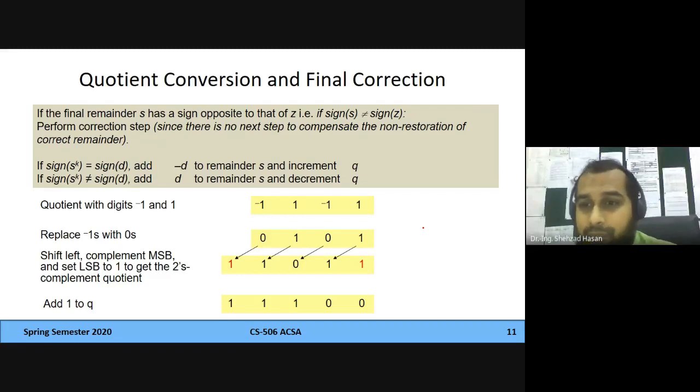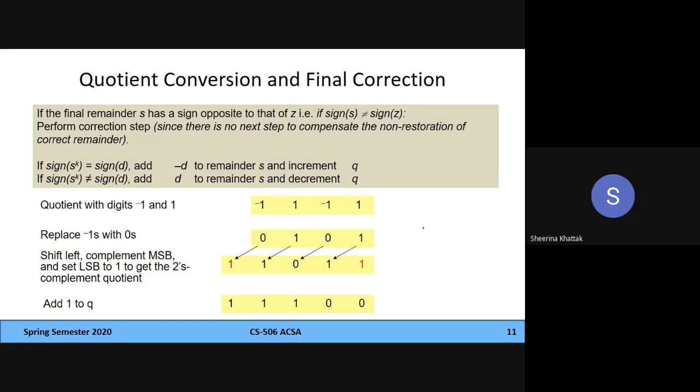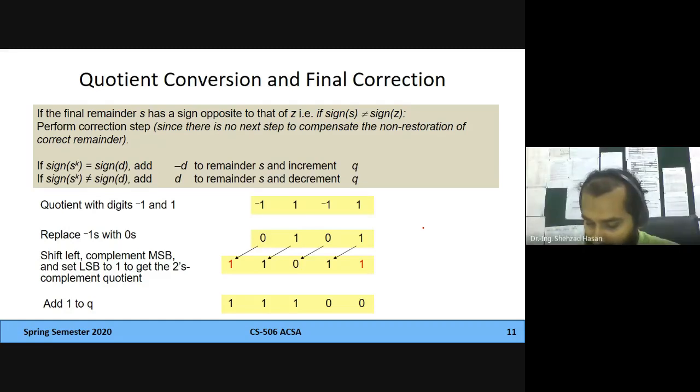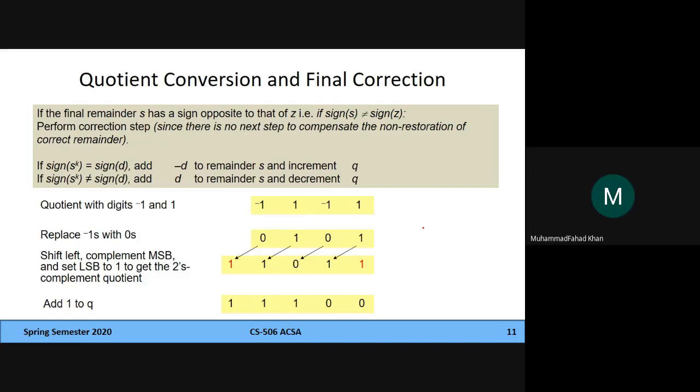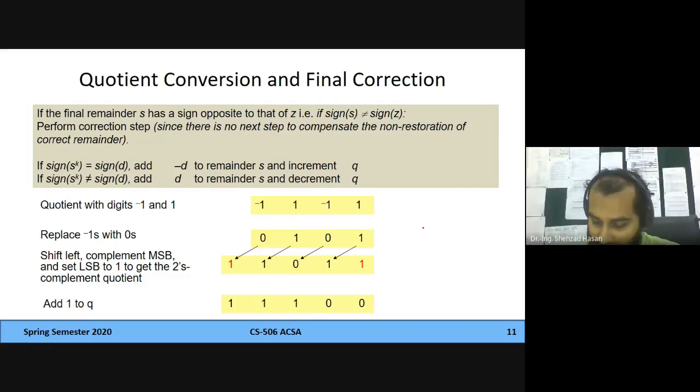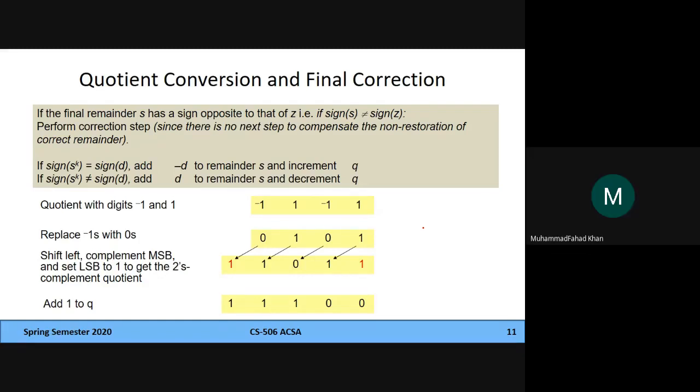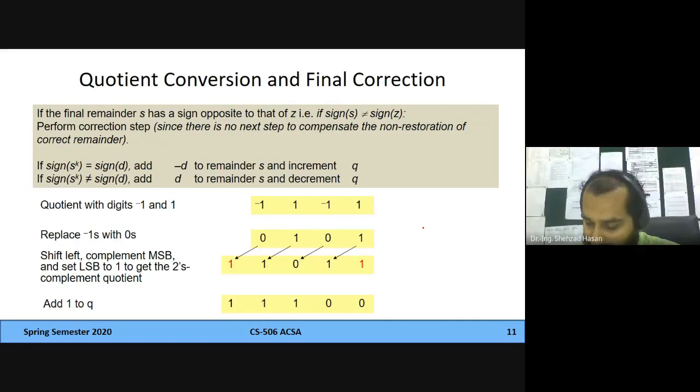Okay, Fahad Khan, what is the remainder before the correction? The remainder before the correction is 00011. Yes, that's the right one. Then you need a correction.